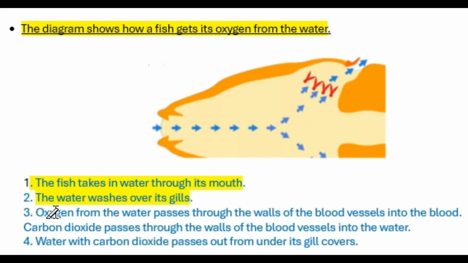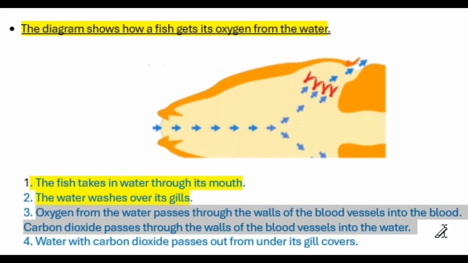Oxygen from the water passes through the walls of the blood vessels into the blood. Carbon dioxide passes through the walls of the blood vessels into the water. 4. Water with carbon dioxide passes out from under its gill covers.